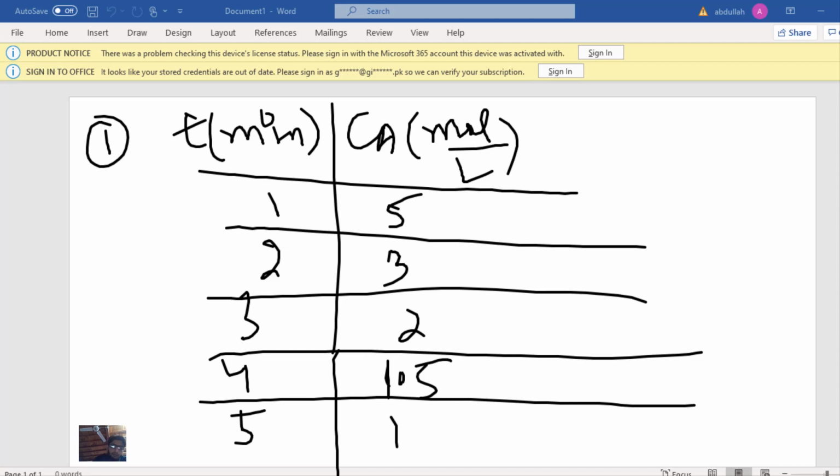First of all, we have to go to the lab and perform the experiment. Suppose we perform the experiment, and this is the result.